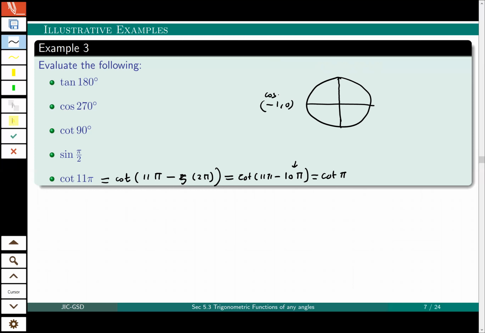This is cosine pi, that is sine pi. So cotangent pi is cosine pi over sine pi, and cosine pi is minus 1. Sine pi is 0, so that will be minus infinity or undefined. Undefined in calculus, we call it minus infinity. Now in our course we call it undefined, because we are dividing by 0.